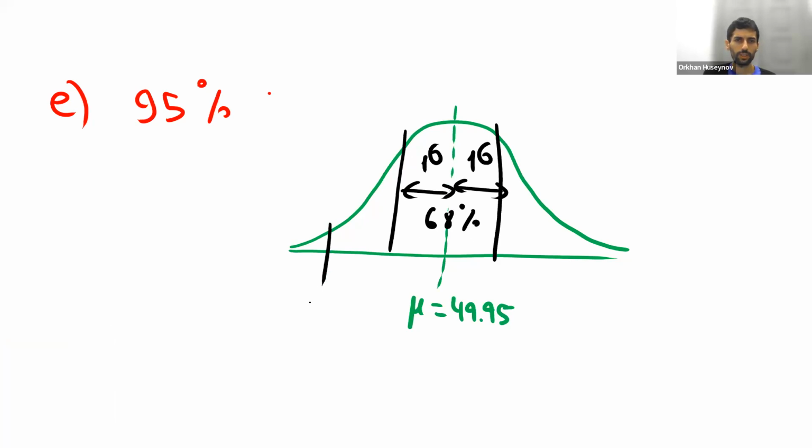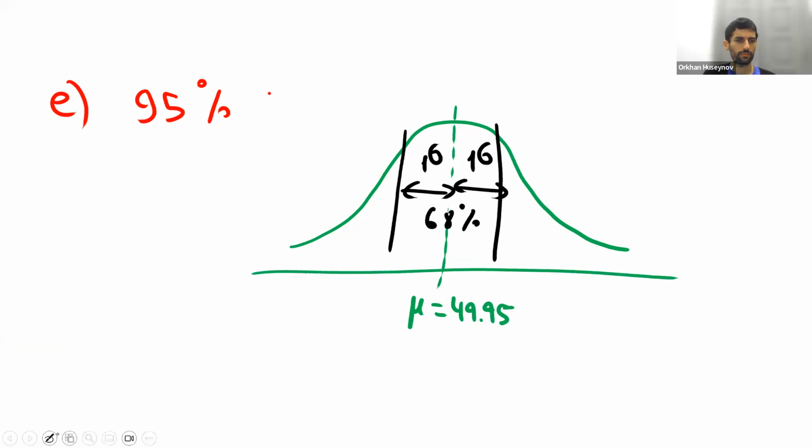And then you have 2 sigma here, and 2 sigma here. So this part is 95%.